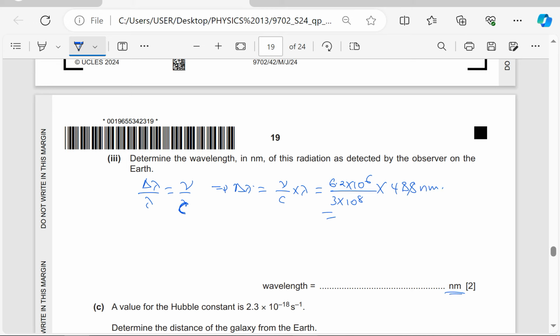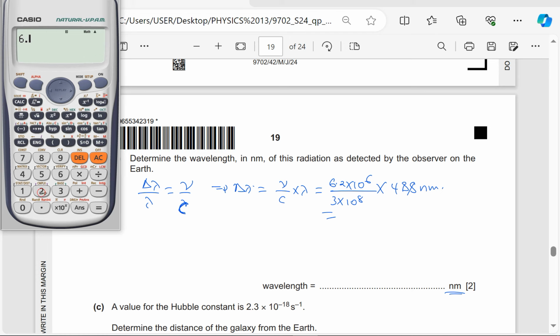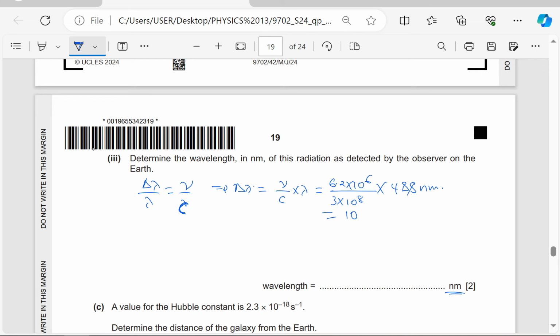So what does this give us? 6.2 exponent 6 divided by 3 exponent 8 times 488. So that is approximately 10 point, let me just take 10.0, 10.1, or let's say 10 nanometers.